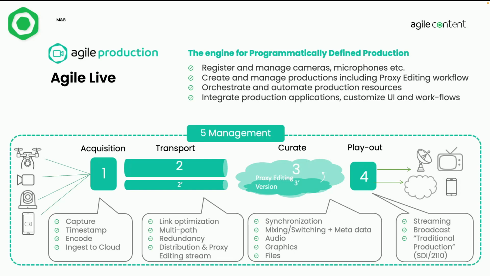And then there is one final layer that is very important. That is the management layer that orchestrates all of this. Once you have created a template, if you will, for your production, the orchestration solution, the management solution, can spin up these kinds of productions in a matter of seconds, meaning that it associates the relevant acquisition servers with the right production, and it sets up the production applications and configures the quality parameters you want to have on this particular production automatically, according to a template that is created.